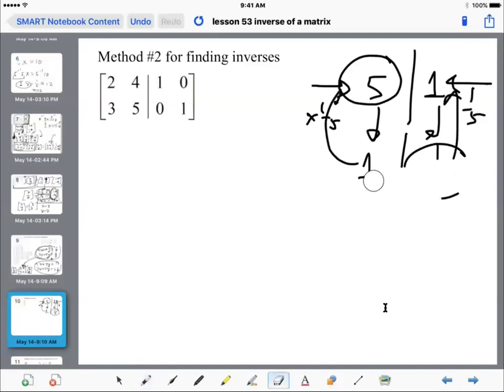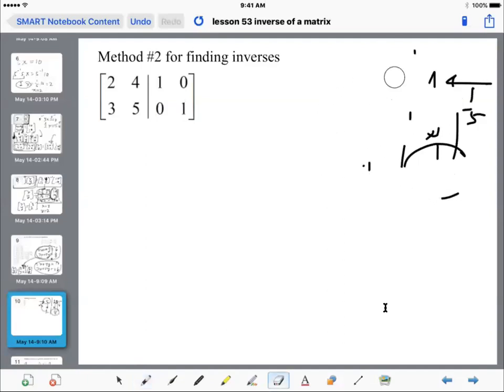Well, the same thing is going to happen for this kind of annoying second method. The first method would be really hard for a 3 by 3 system because you'd have 9 equations. This other system would also be hard, but maybe not as hard. But here it goes. We are going to systematically, over a period of 4 steps, turn the matrix on the left into the identity.